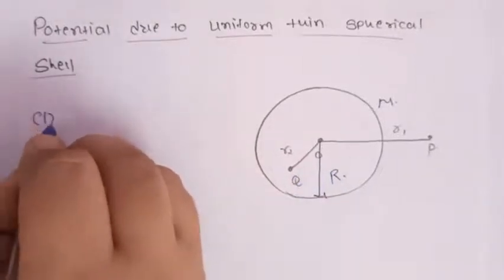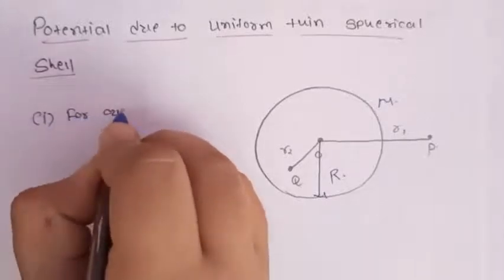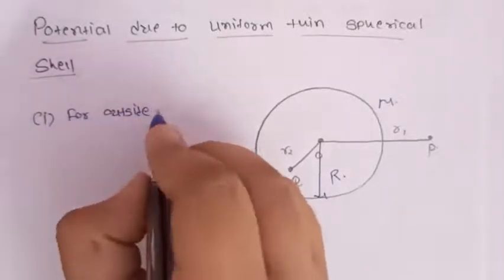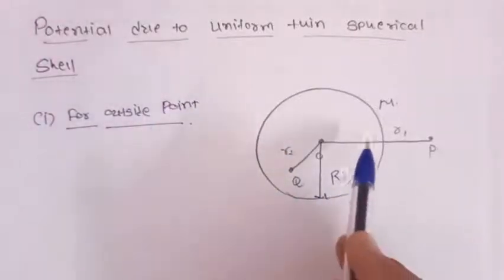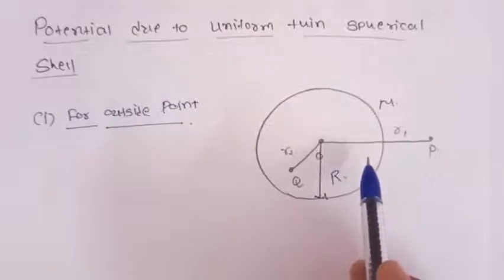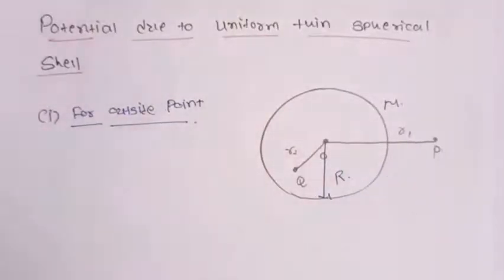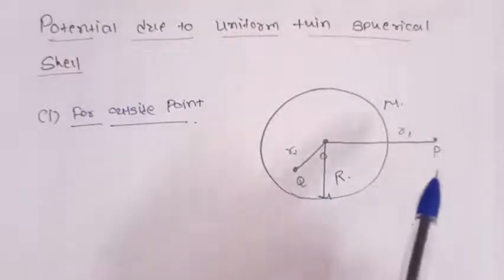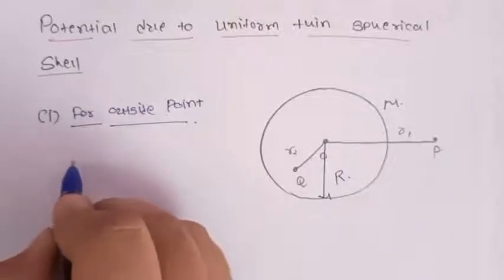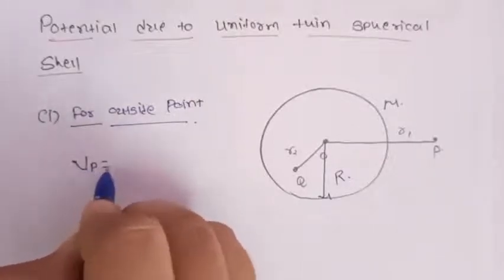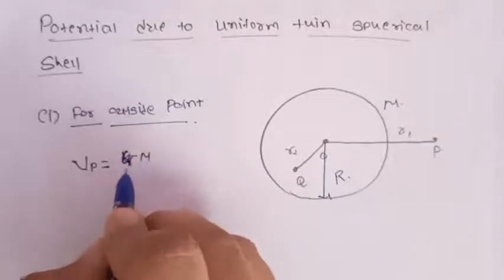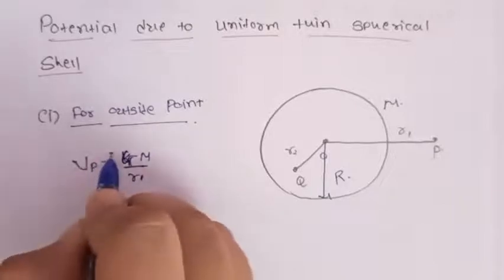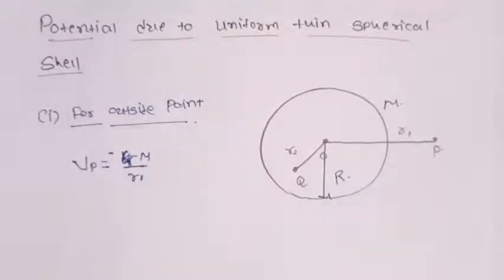So case 1 is for outside point. For the outside point, this whole spherical shell will behave as the point mass object. So, due to this point mass object, the potential at point P will be Vp is equal to GM upon r1, but minus.